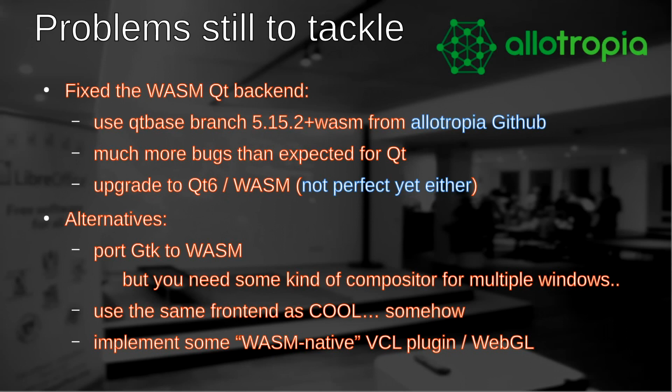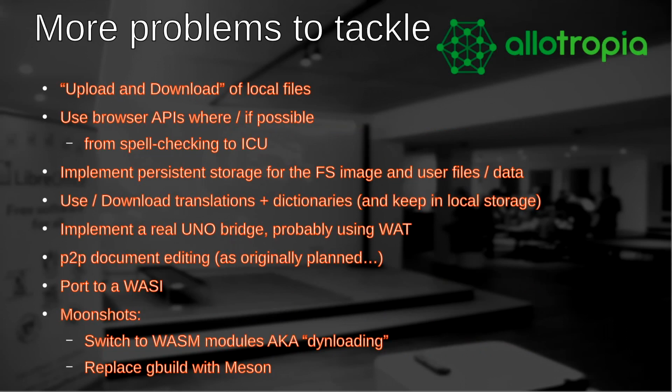At some stage, having something WASM native, especially if you really don't need that much UI, because all your UI is JavaScript, could be interesting. And moonshots: the dynamic loading could be interesting because it cuts down on size. You only pay for what you need, which makes the first start much faster, but it's experimental.